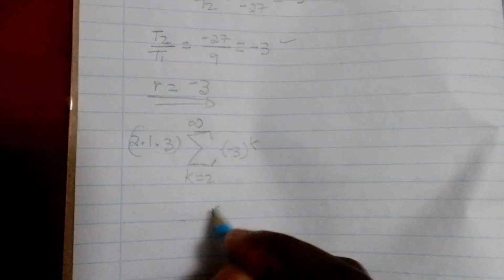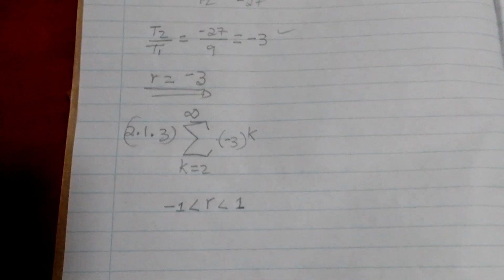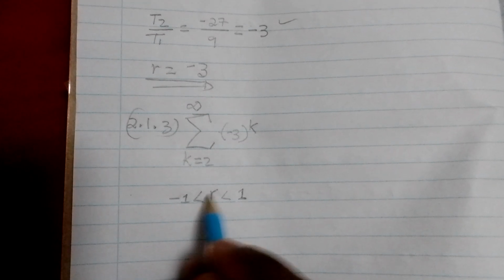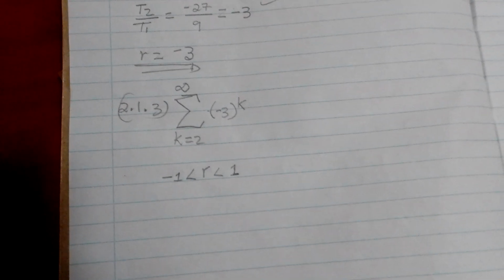So we know that to answer this question, we simply use that formula. We know that our r must lie between these two extreme values. If our r lies anywhere between these two extreme values, then we can conclude that our series will indeed converge, the sum to infinity.